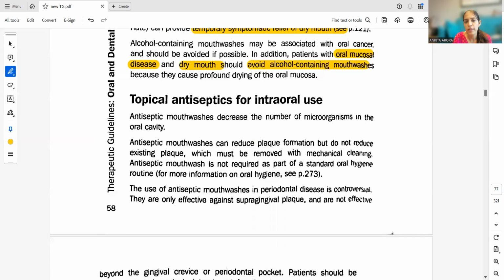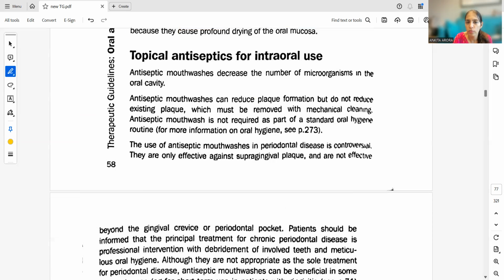Then we have topical antiseptics for intraoral use. Antiseptic mouthwashes decrease the number of microorganisms in the oral cavity. Antiseptic mouthwashes can reduce plaque formation, but do not reduce existing plaque, which must be removed with mechanical cleaning. So mechanical cleaning is a must.